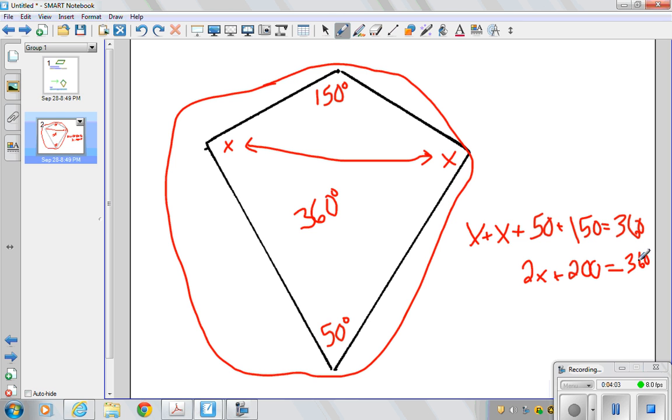And I'm just going to go ahead and solve for x. x is going to equal 80 degrees. So what that means is this angle here is 80 degrees, and lastly, this angle here is 80 degrees. Pretty simple.